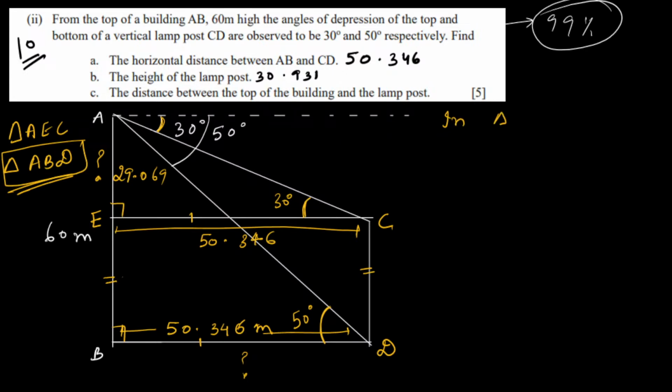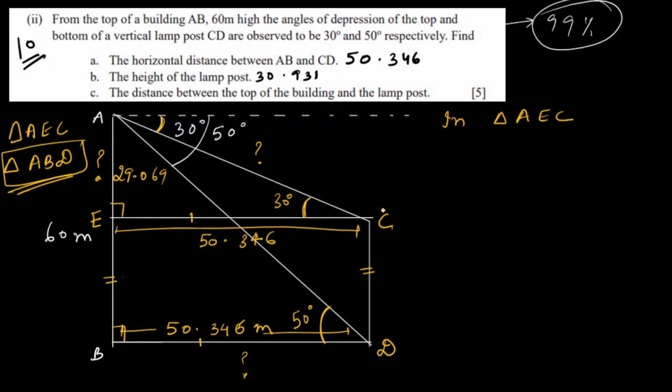So in triangle AEC, we have to find the hypotenuse. Pythagoras theorem will make it very complicated. We will use sine theta.